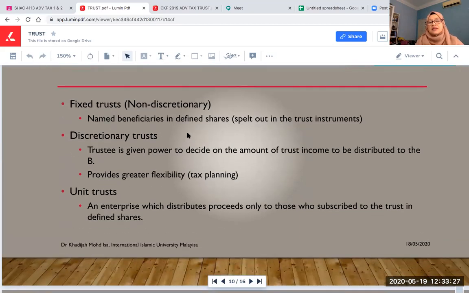And then unit trust is totally different. It's not under this topic. Unit trust is like buying a trust. Companies like Public Mutual sell unit trusts. If you are in a shopping mall, a person may approach you asking if you want to buy unit trust. There are many companies that sell unit trusts, and you can buy any of them.